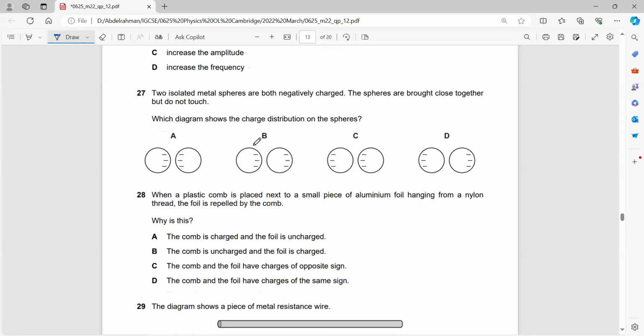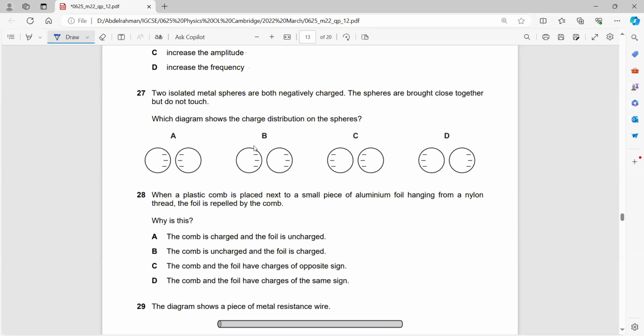Question 27. Two isolated metal spheres are both negatively charged. Which diagram shows the charge distribution? What happens to these negative charges on the spheres? To be very honest, this question is kind of cancelled, not 100%.